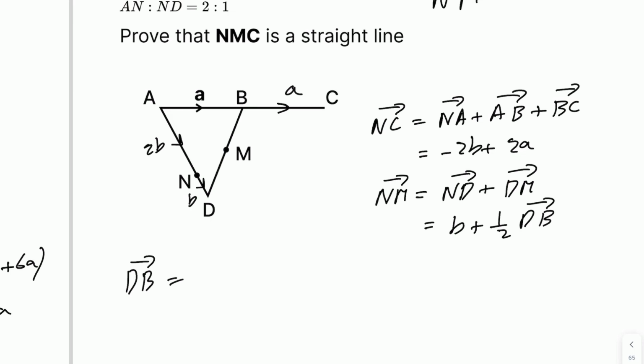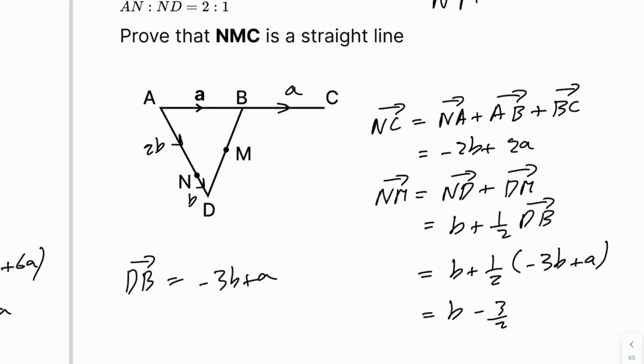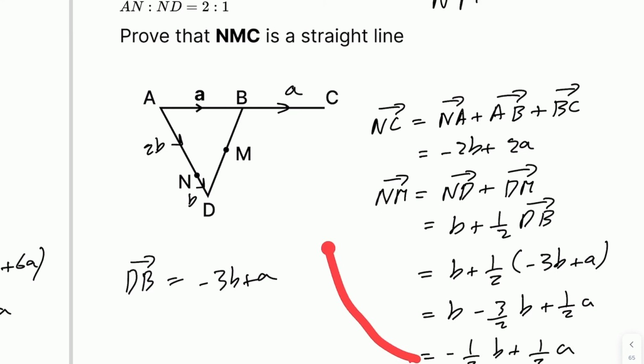So D to B is, well, to go from D to B, I can just go that way. So that's going to be minus 3b plus a. So if I come back here, and if I expand that out, I can see that in order to go from here to here, I just need to multiply it by 2.